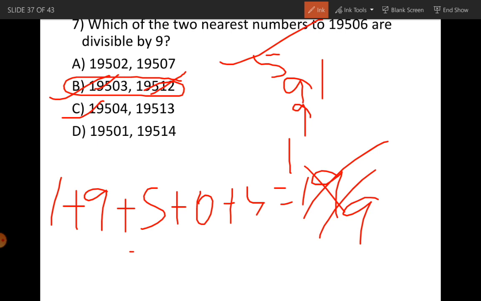So option C is not the answer. So option B is the correct answer. So like this we have to use our tricks, so that we can easily solve questions without doing the full divisibility test, by excluding options.